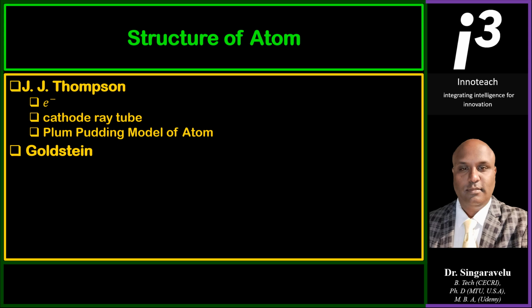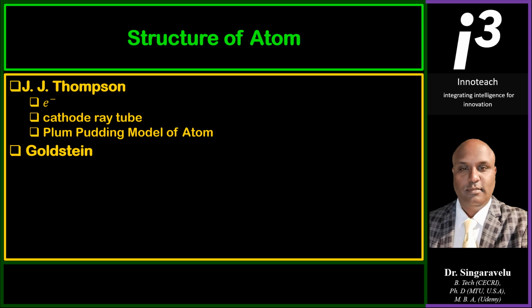And later Goldstein performed a similar experiment but with a slight modification, wherein he used various gases, not just one gas. He used several gases and used a perforated cathode instead of an anode, in contrast to J.J. Thomson's work.